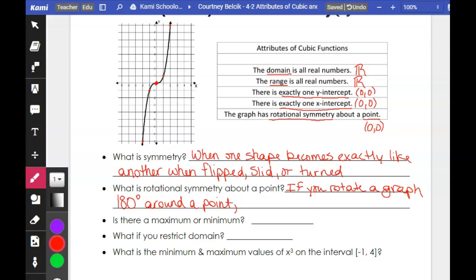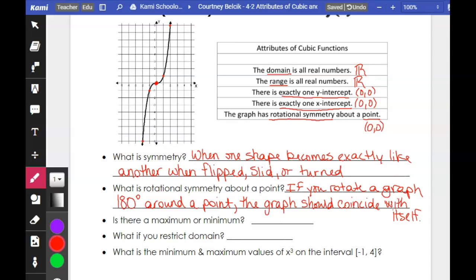It should be the same as it was before you rotated it. So kind of fall right on top of in the same place, should coincide with itself. So just kind of a brief overview of symmetry and what rotational symmetry truly is.